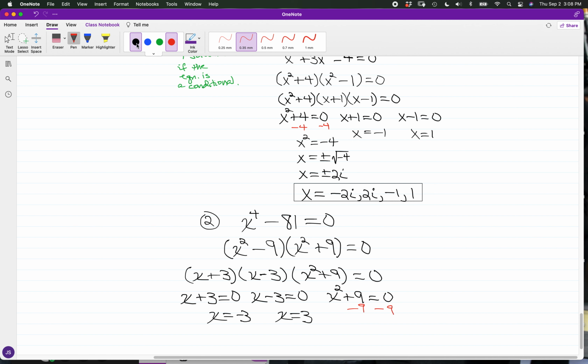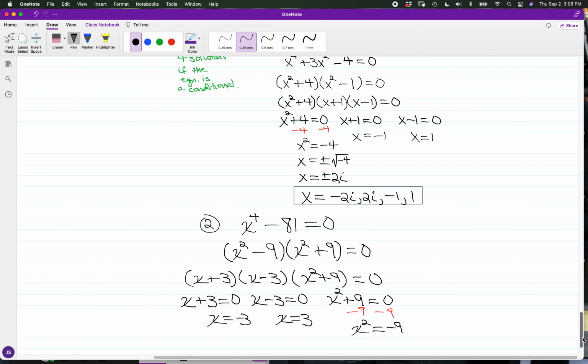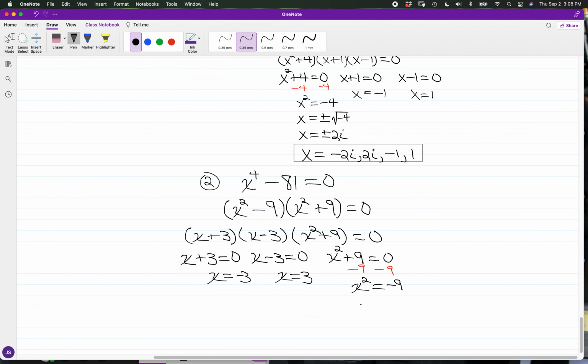if I take 9 away from both sides, I have that x squared is equal to -9, and then lowering from 2nd to 1st degree, we have that x is equal to plus or minus the square root of -9, and I'm going to have x equal to plus or minus 3i.